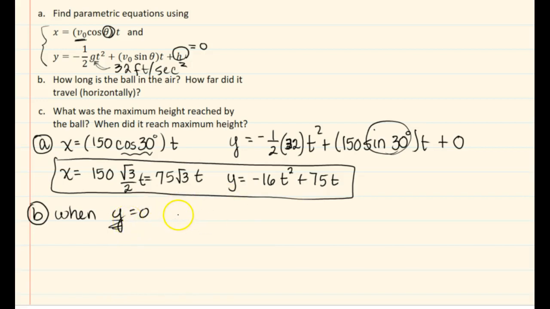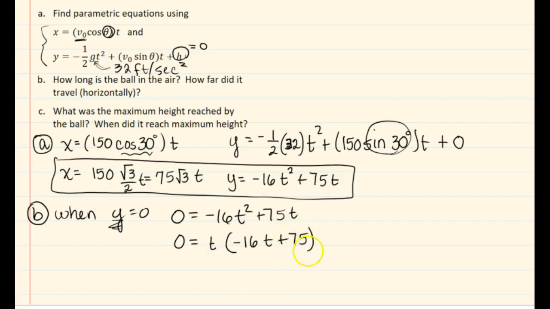So I'm going to use my y equation and say 0 is equal to negative 16t squared plus 75t, and now I just need to solve for t. In order to solve for t here, I'm going to GCF a t, and we're going to find I have t times negative 16t plus 75. And remember, once we have it in factored form, either t is equal to 0, that makes sense.